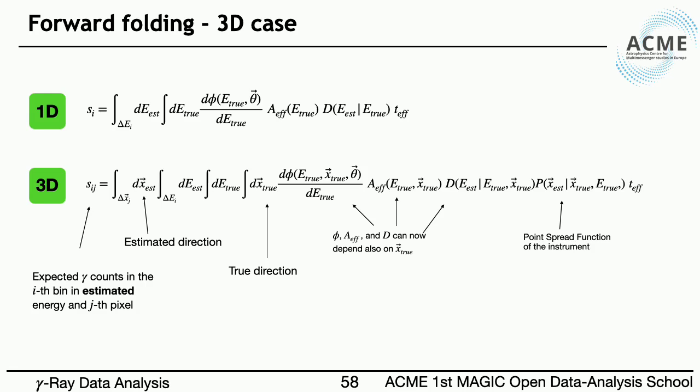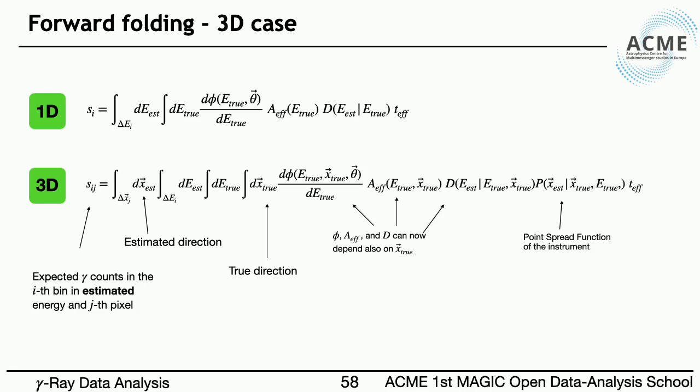Now, this point spread function is a very important key element in gamma ray astronomy, and describes the angular resolution of your instrument. It is the probability distribution of reconstructing an event at some angular distance from its true arrival direction.